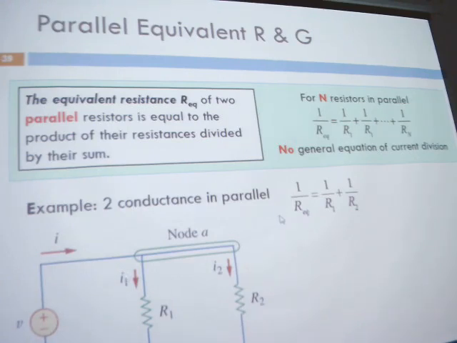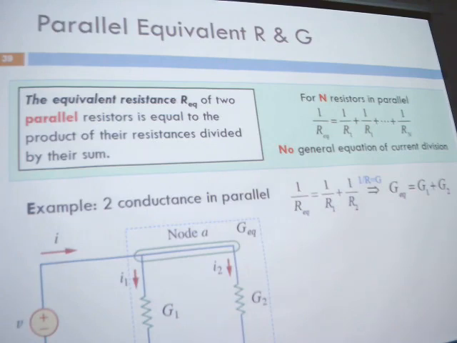We know our equivalent resistance satisfies this relation. If we let 1 over R equal to G, the reciprocal, we can write it in the form of G. Our G is equal to G1 plus G2. Why do we introduce the conductance? Would you please tell me?